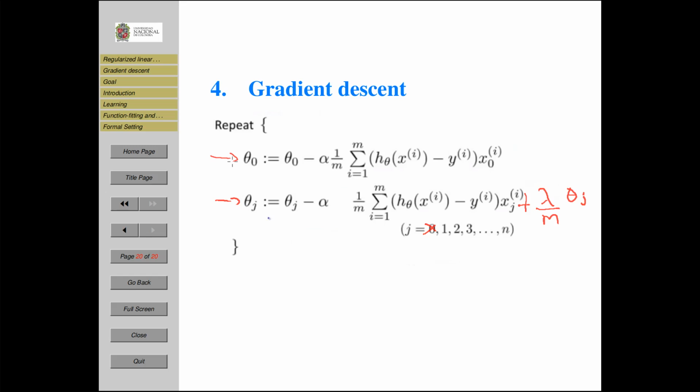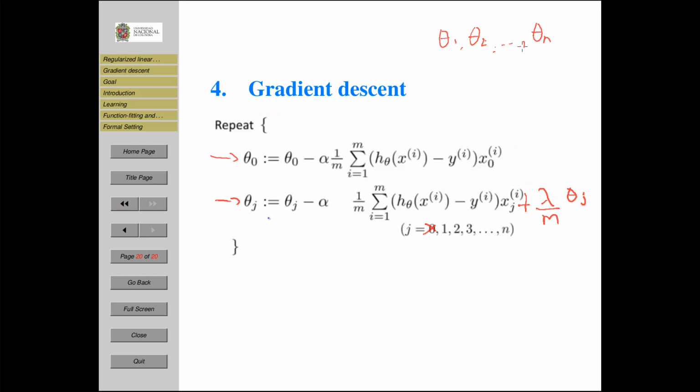This has the effect of penalizing the parameters theta 1, theta 2, and so on through theta n. If we do this, even though you are fitting a very high order polynomial, the parameters will be small.